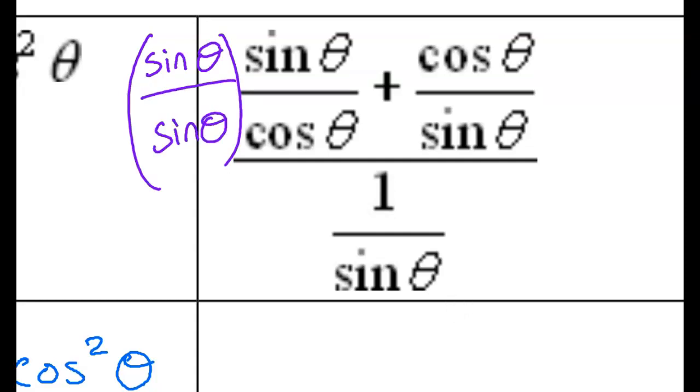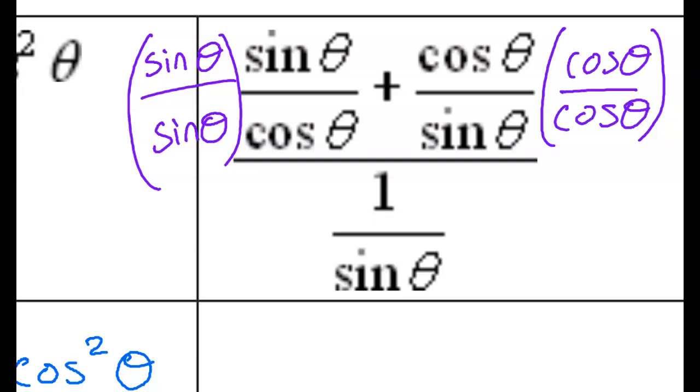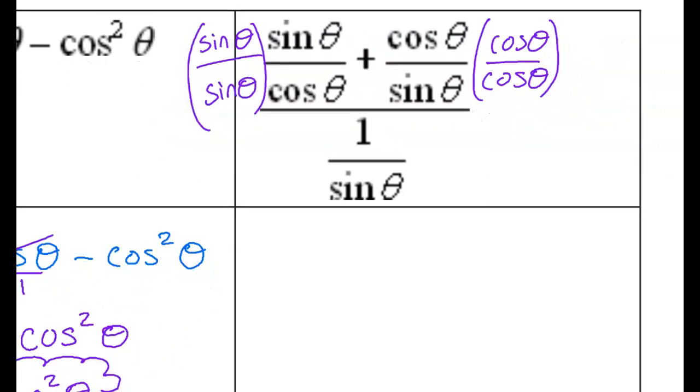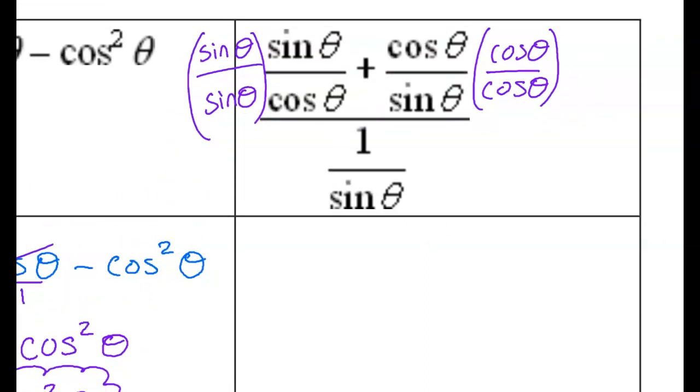We always have to multiply both the numerator and denominator because sine of theta over sine of theta is equivalent to 1. So I'm not actually changing the value, the magnitude or size of this. And then I'm multiplying this fraction by cosine of theta over cosine of theta, because now this turns into sine squared of theta, right?